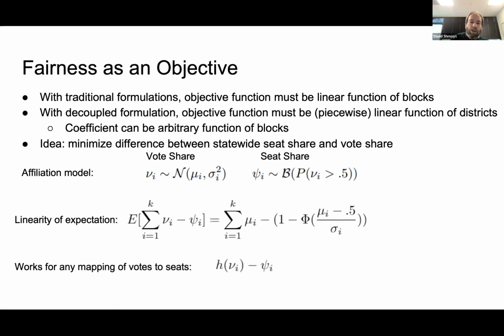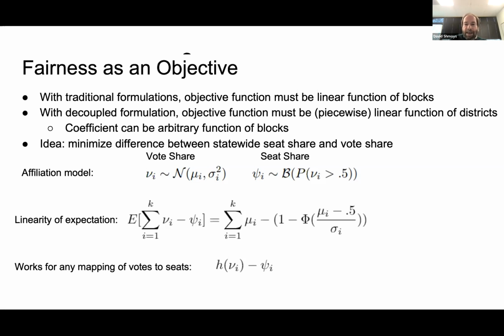And if you don't like proportionality, but you want something which is a bit more zero-one-ish in terms of how we model this and thereby gets different sensitivity to vote shares, we can do that as well and think about really an arbitrary function of the vote share minus the seat share.